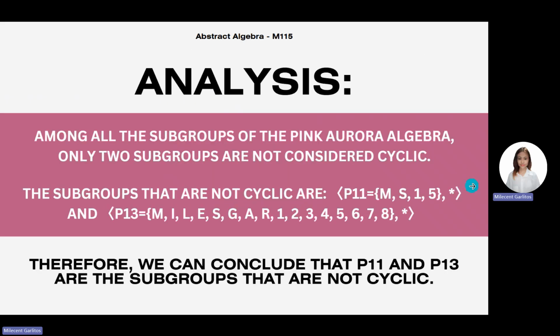So this is the analysis that we can conclude based on our cyclic group and cyclic subgroup. Among all the subgroups of the pink aurora algebra, only two subgroups are not considered cyclic.